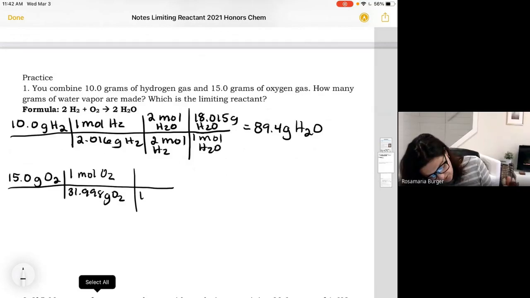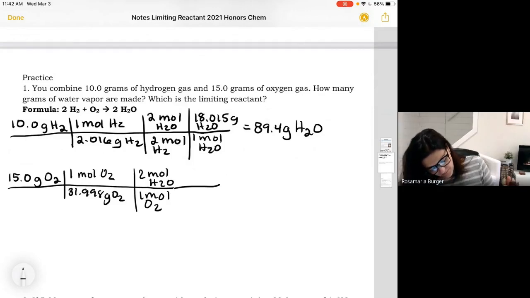And every 1 mole of O2 gives us 2 moles of H2O. And for every 1 mole of H2O, we get 18.015 grams of H2O.